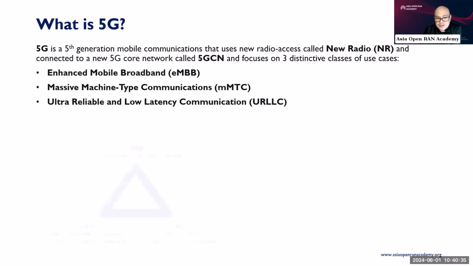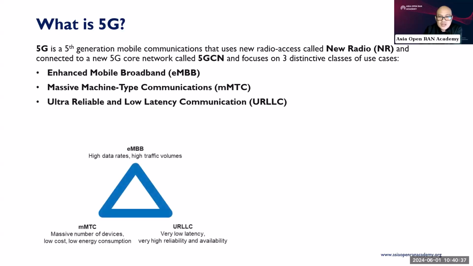latency communications. Okay? So when we talk about eMBB, enhanced mobile broadband, meaning it's a broadband connectivity with high data rate and high traffic volume, up to 20 gigabit per second, okay, and gigabytes of traffic. Okay?